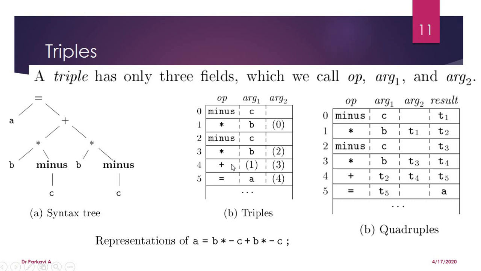Then add the contents of 1 and 3, so for that we use plus 1 and 3; whatever results are stored in addresses 1 and 3, we are reusing here. And finally, access the contents of 4 and store it in the result a.